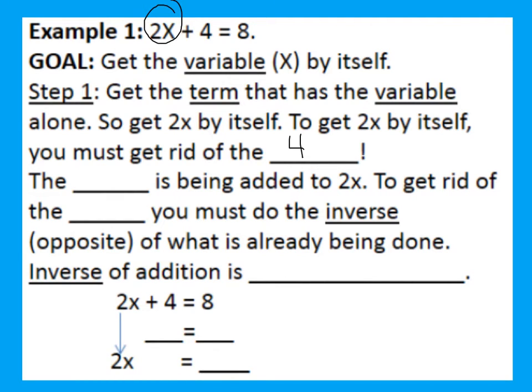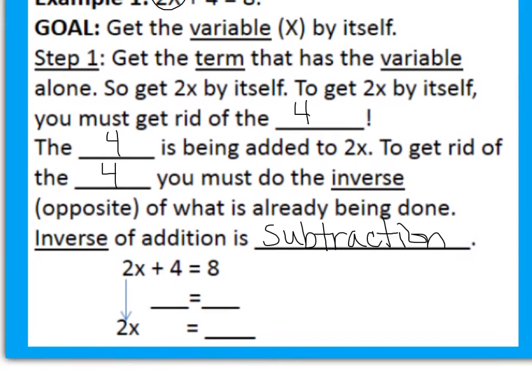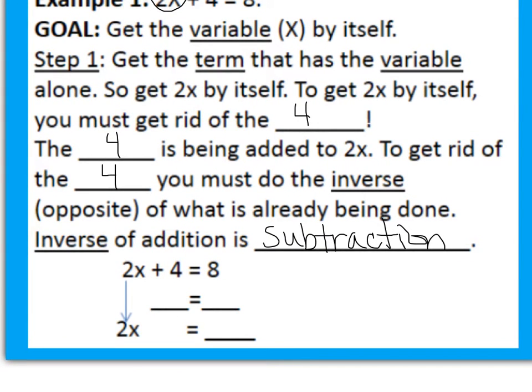The 4 is being added to 2x. To get rid of the 4, you must do the inverse or opposite of what is already being done. The inverse of addition is subtraction. So now we have 2x plus 4 equals 8.